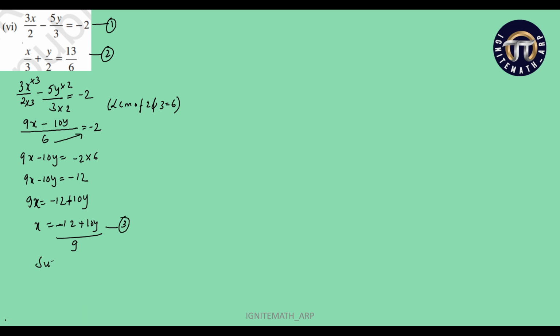Right. So substitute x in equation 2, I do. Clear? Because I have taken it from equation 1. Now when I substitute in equation 2, wherever x is there, you have to replace it by minus 12 plus 10y by 9. Clear? So this is x by 3 plus y by 2 is equal to 13 by 6.